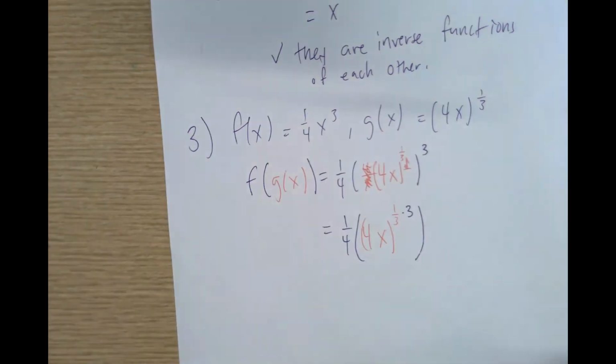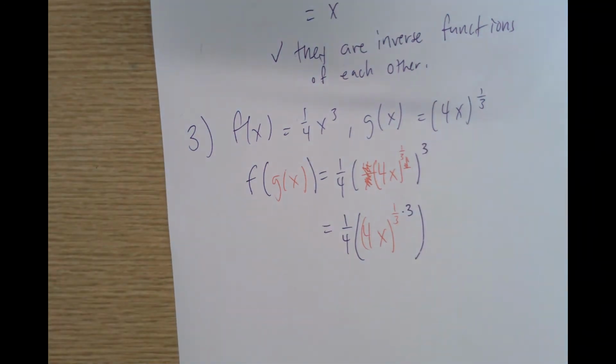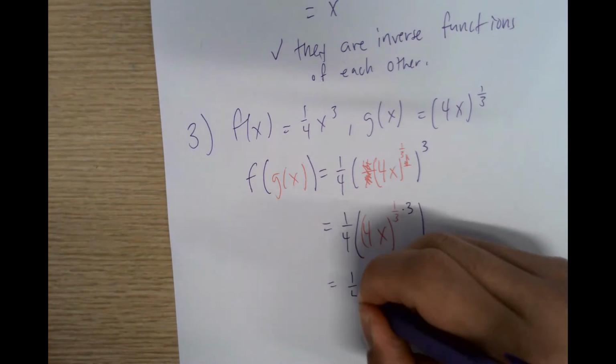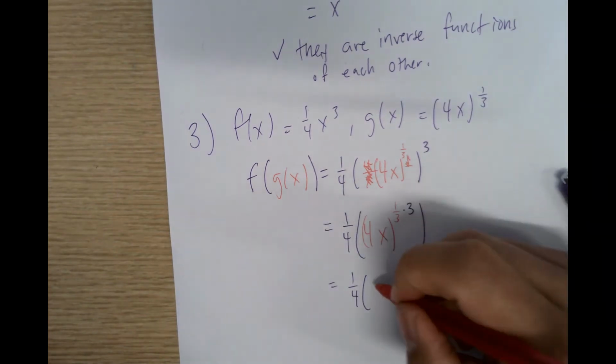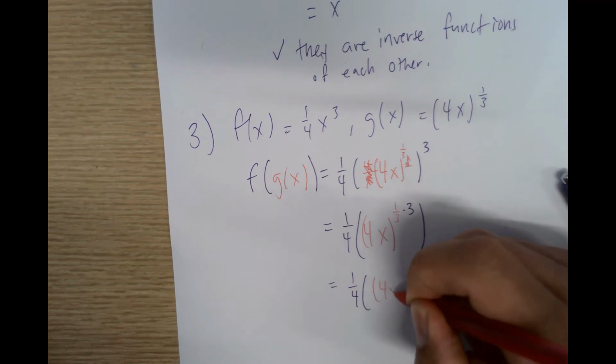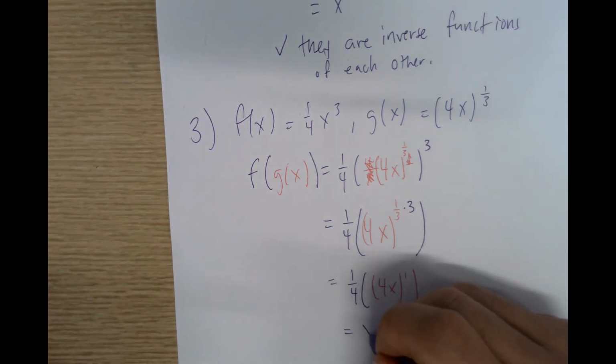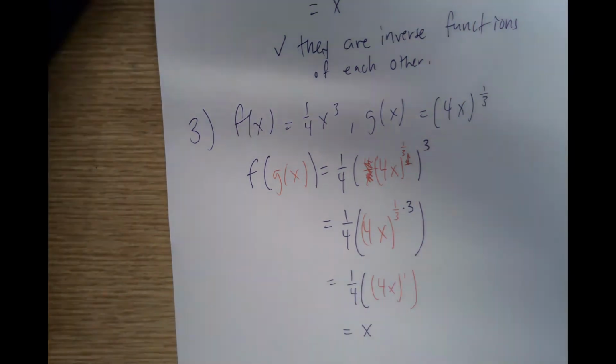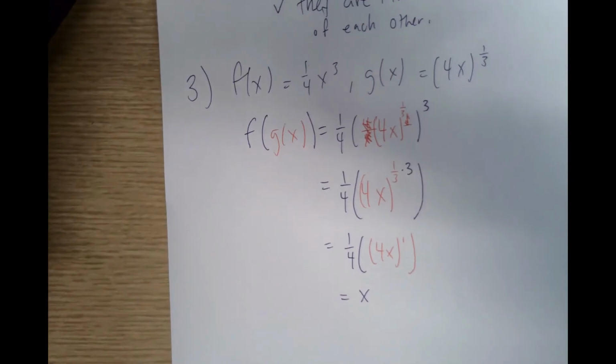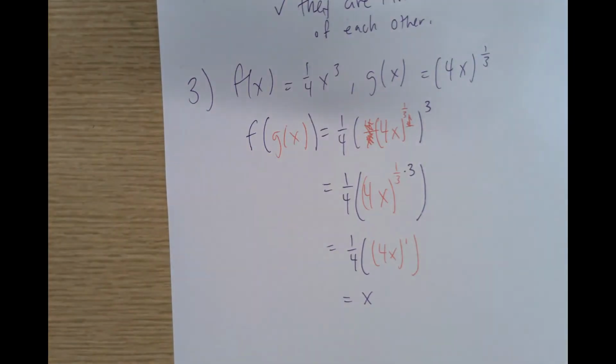If you raise something to an exponent, you're going to multiply the exponents, and that equals 1/4 to the 4x to the 1st power, and now we can go ahead and cancel everything out. It just equals x. So remember that if you raise something to another exponent, you're going to multiply both of the exponents.